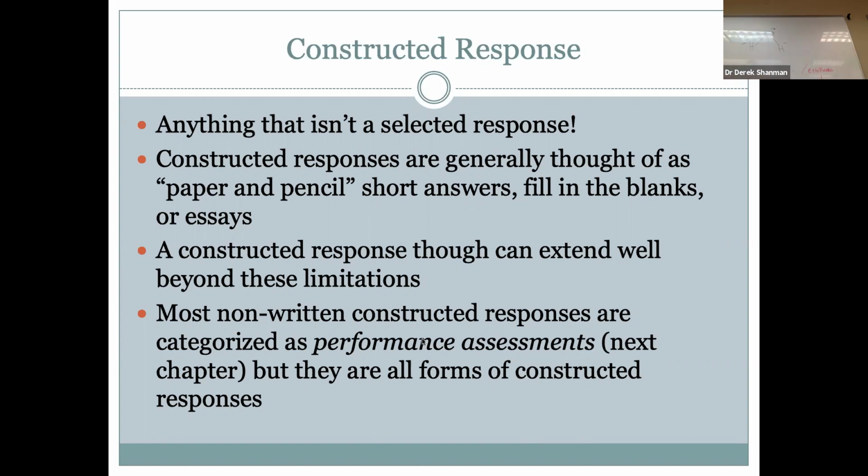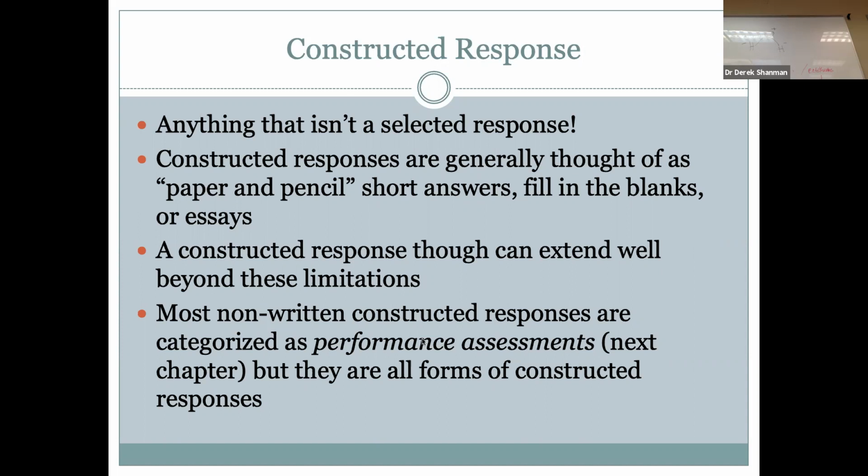What I don't like about how most textbooks talk about constructed responses is that most academics end up limiting the idea of a constructed response to paper and pencil. So a written constructed response, as opposed to any of these other what are called performance assessments.